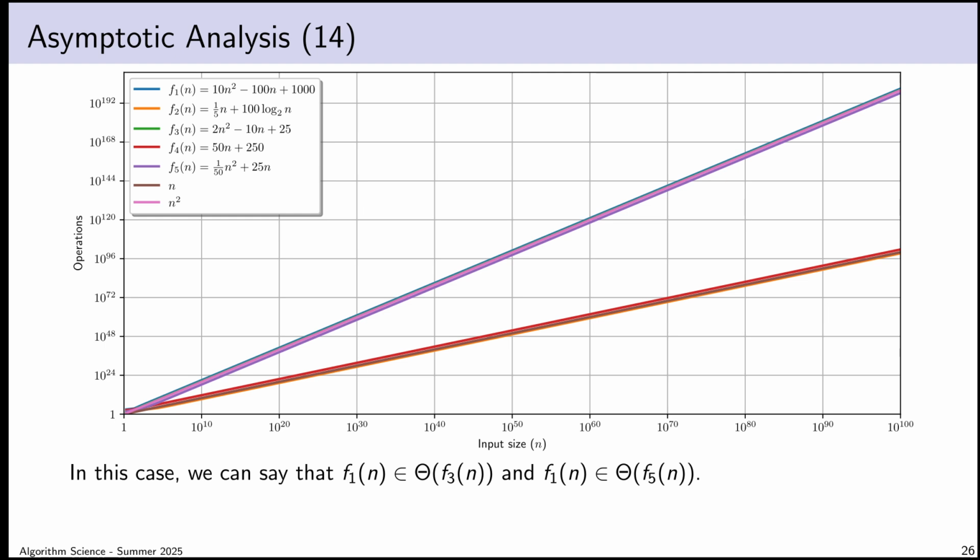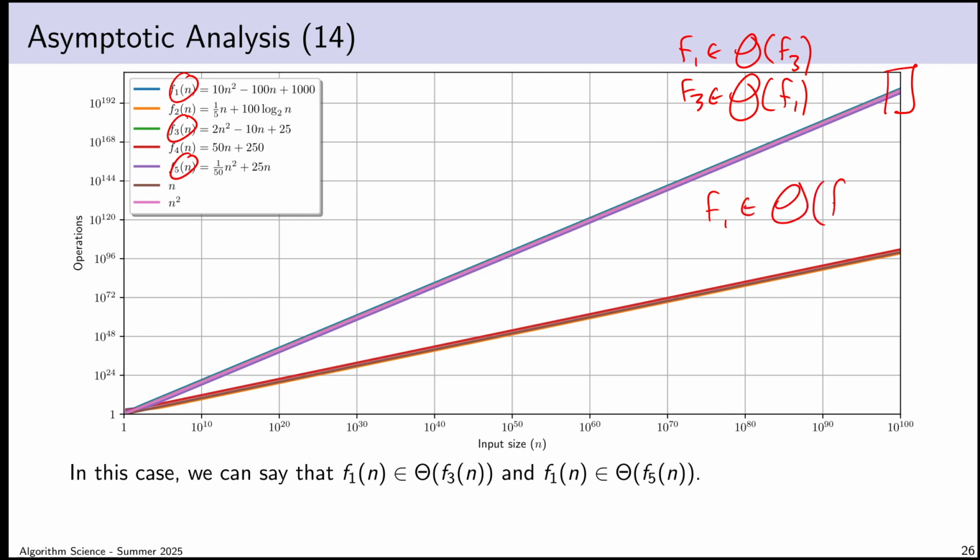In this case, because F1, F3, and F5 are all members of this family, they're all asymptotically approaching something times n squared, that means that F1 is big theta of F3. It also means that F3 is big theta of F1, and F1 is big theta of F5.